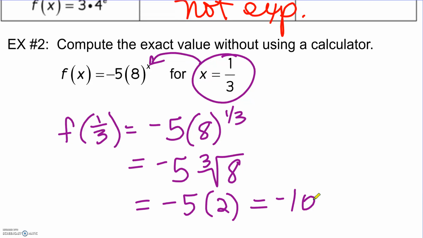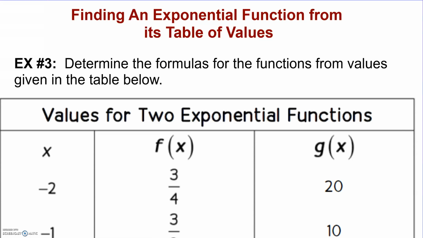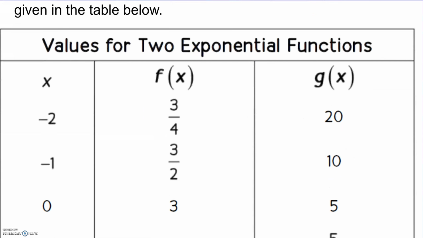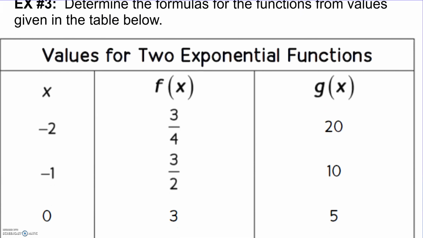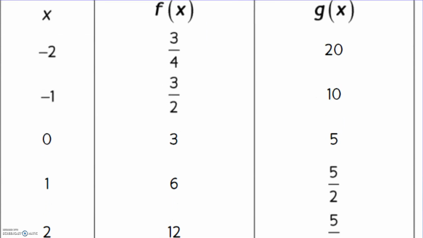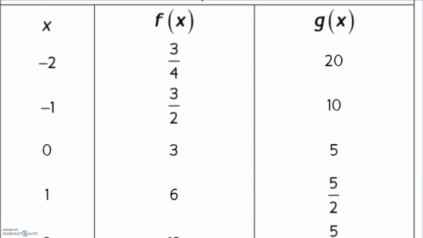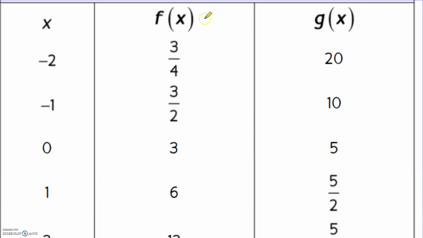Okay, moving on. On example 3, it gives us a table with values for 2 different exponential functions, and we're supposed to determine the formulas for the functions there. If you look first at f of x, that is in this column right here, so we're just looking at these x values over here, and then the f of x values next to it.